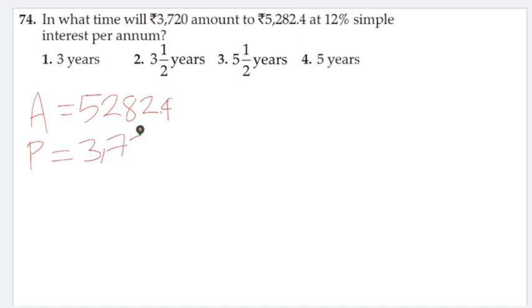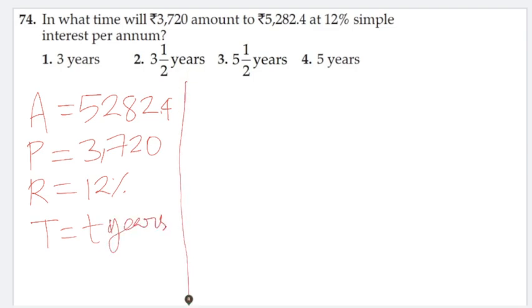Now what about the rate of interest? Rate of interest, R or I, we can represent as such. So here I am representing it as R. So the rate of interest here is 12%. And we can take the time as T, which we need to find out, T years.